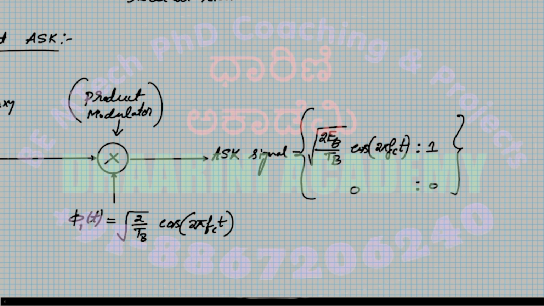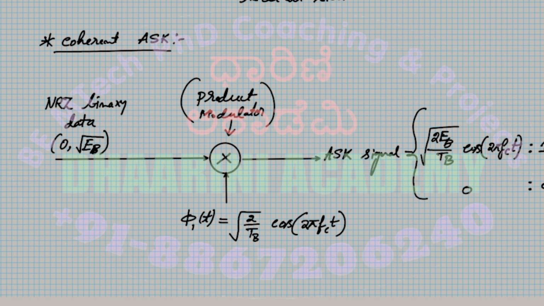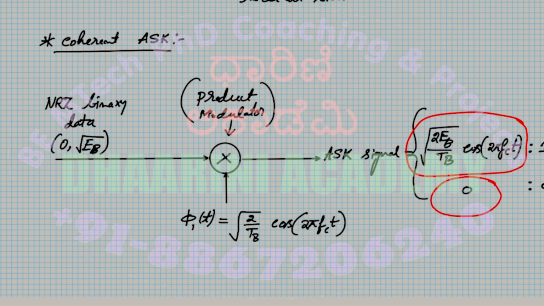Are you okay with this? Now you see, my output is either on, when 1, I have some output coming, whenever 0, output is not there. This is actually the circuit turning on and the circuit turning off, depending upon your incoming signal, correct? Incoming signal is 1, output is there.